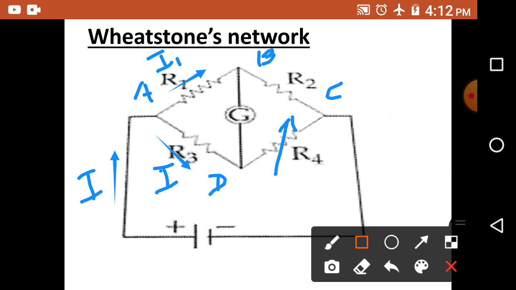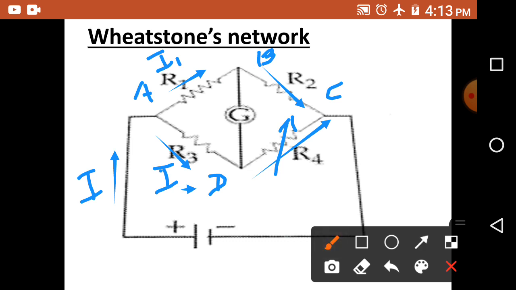In that case, the current I1 flowing through R1 will reach point B, but at point B, as no part of the current is going to flow through the galvanometer, the entire current I1 will flow through R2. Similarly, current I2 which is flowing through R3 will reach point D, and at point D, as no part of the current is going to flow through the galvanometer, the entire current I2 will flow through R4.